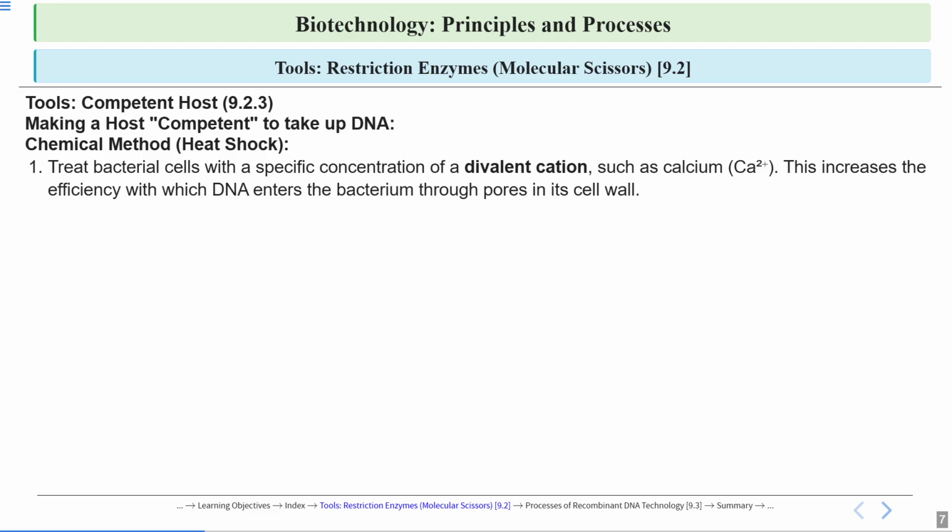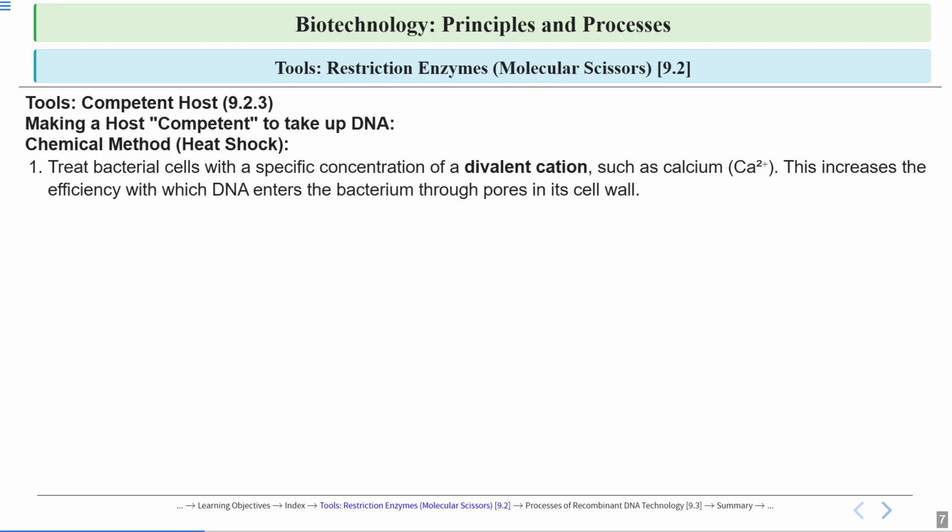What we do is treat the bacterial cell with a specific concentration of divalent cation. You know divalent cation, an ion which has a 2 plus sign because it has lost 2 electrons. So this is a divalent cation such as calcium. This increases the efficiency with which DNA enters the bacterium through pores in its cell wall.